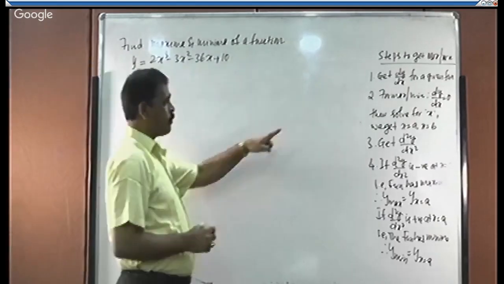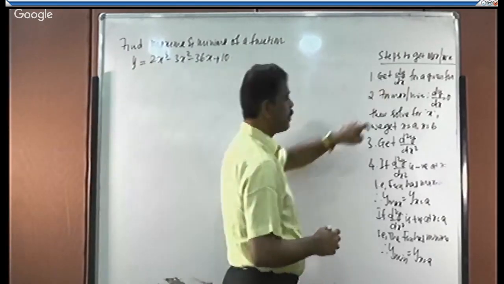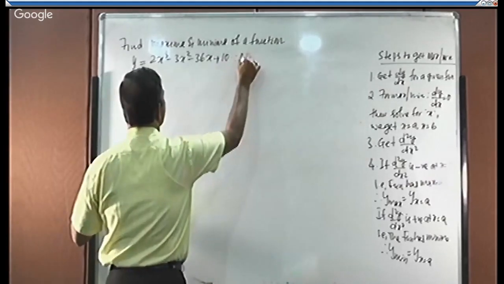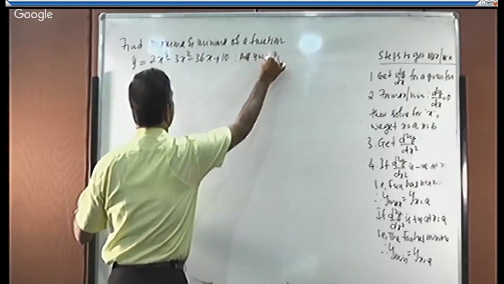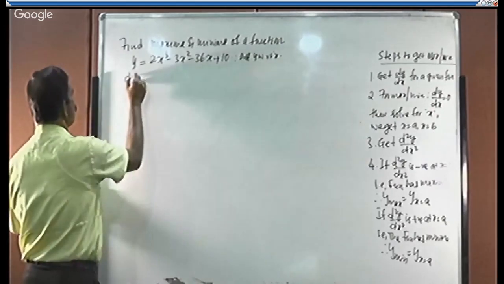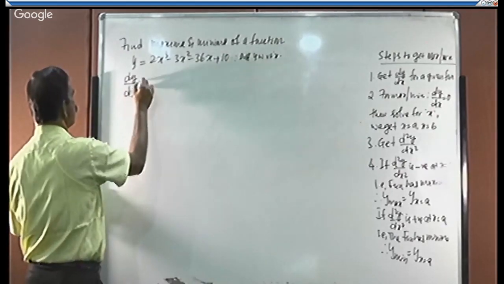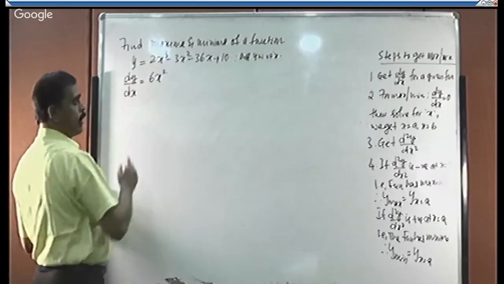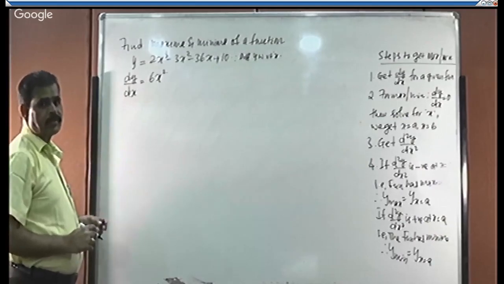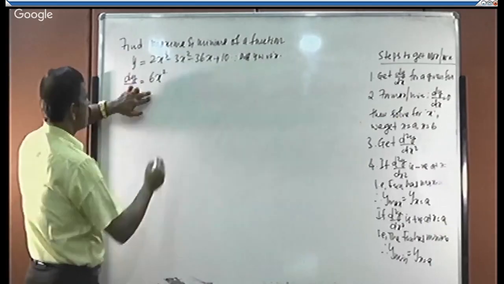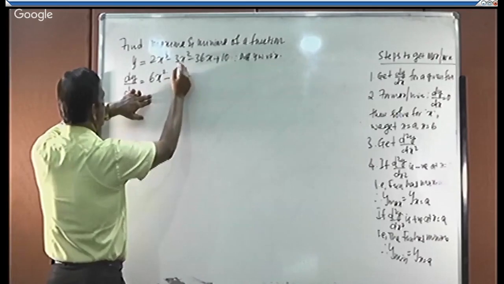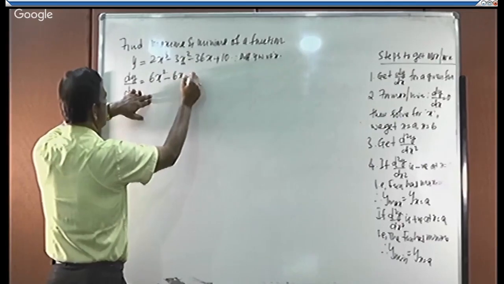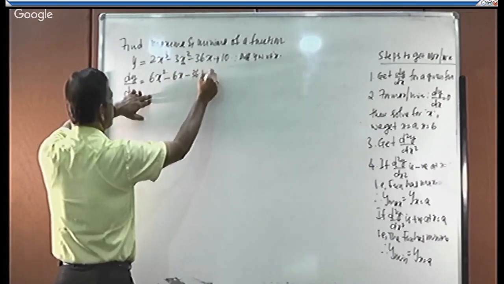What is the first step? First step is getting dy by dx. Differentiate y with respect to what? X. We get dy by dx equal to 2 into 3, 6x square. 2 into differentiation of x cube, which is 3x square, so 2 into 3 is 6x square, minus 3 into differentiation of x square, which is 2x, so 3 into 2, 6x, minus 36 into 1 plus 0.